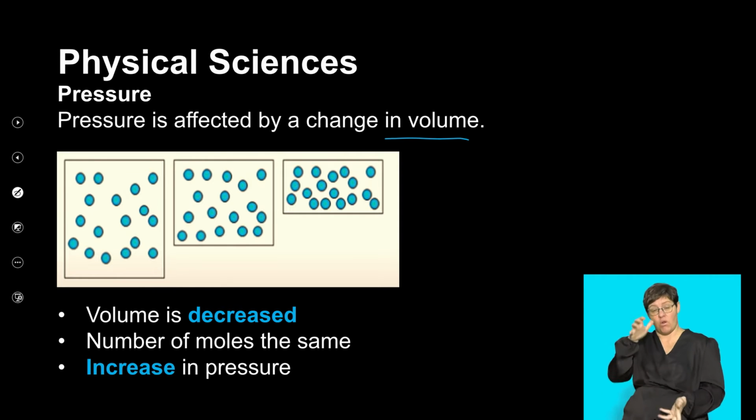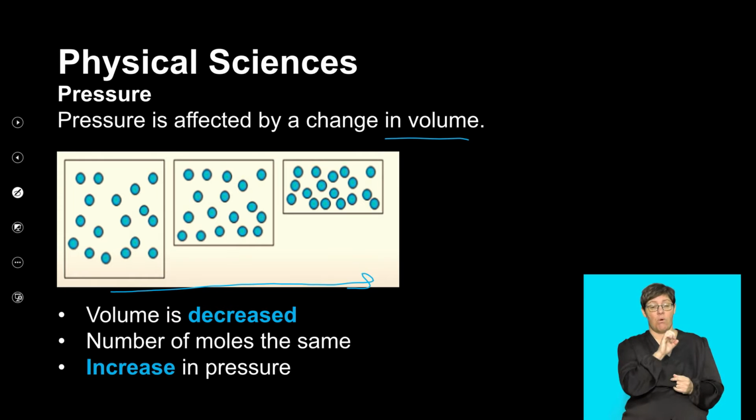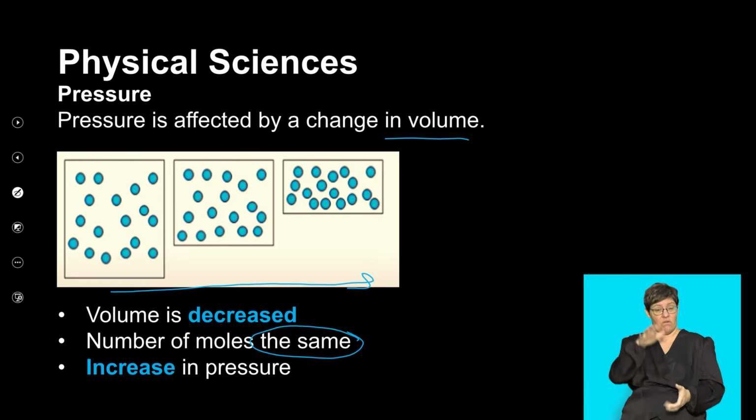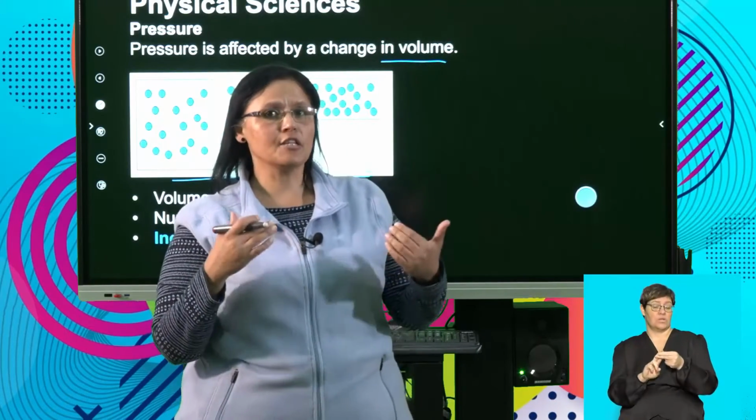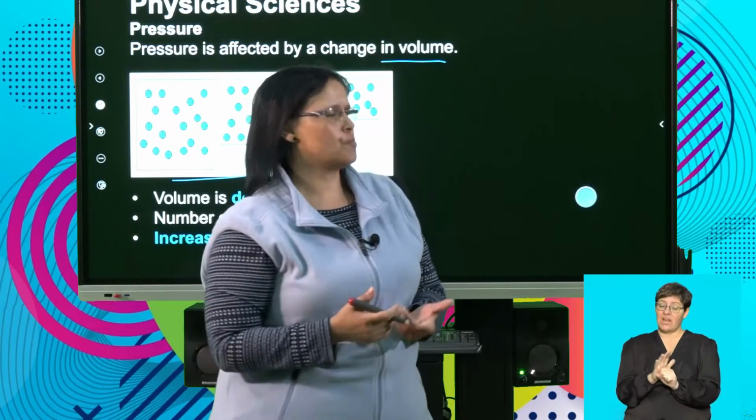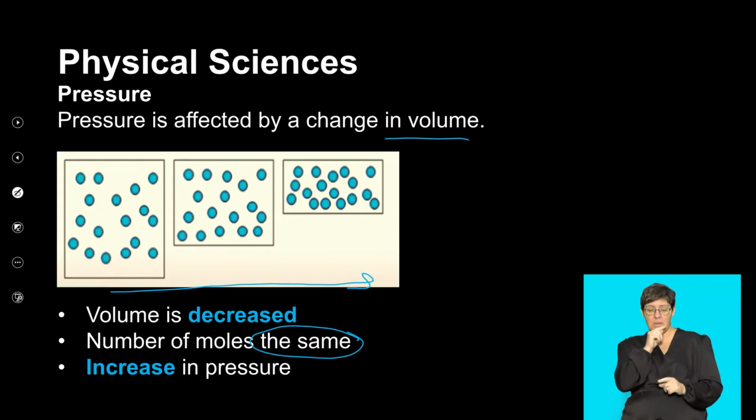So if the volume is decreased and the number of moles remains the same, then my pressure will be increased. The number of moles is now confined to a smaller space. There are more collisions per unit time, and more effective collisions per unit time, so it will obviously increase the rate.